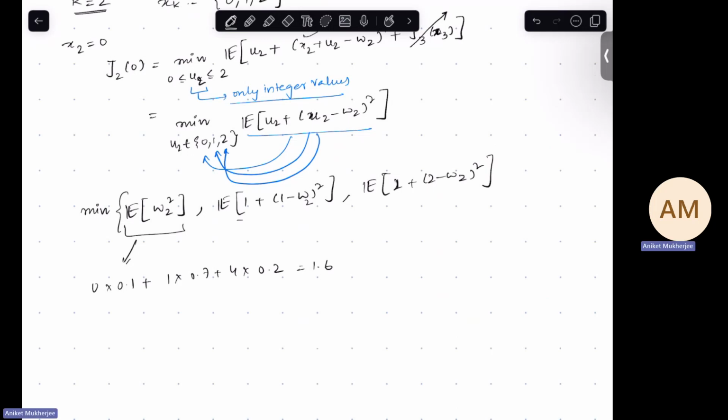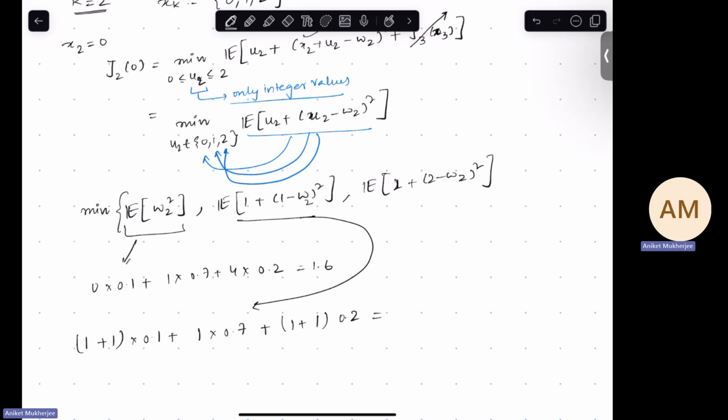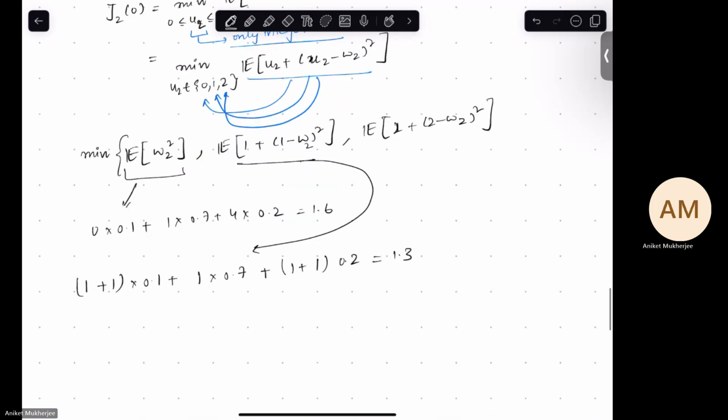Okay, next we'll calculate this. So this is (1 plus 1) into 0.1 plus 1 into 0.7 plus (1 plus 1) into 0.2. This will be 0.2, 0.7, 0.9, 0.9 plus 0.4, 1.3.